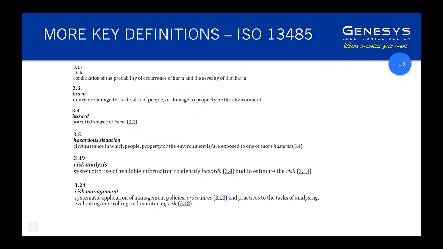So then it comes to harm I've mentioned. So a hazard, what's a potential source of harm? And this leads into hazardous situations, and the other definition is sequences of events. So what are the things that have to go wrong before a hazardous situation arises? And usually, for example, the crash of an aircraft, it's not just one thing.